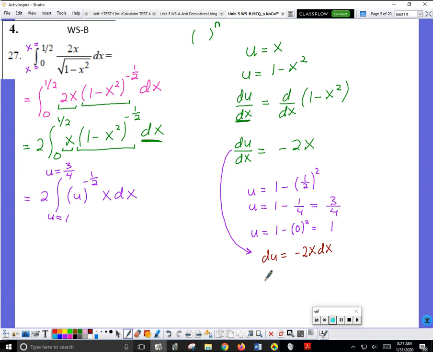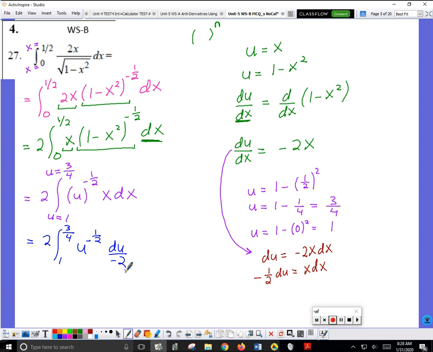So I get negative 1/2 du is equal to x dx. In place of x dx, I can place negative 1/2 du. So this becomes 2 times the integral from 1 to 3/4 of u to the negative 1/2, and then du divided by negative 2.